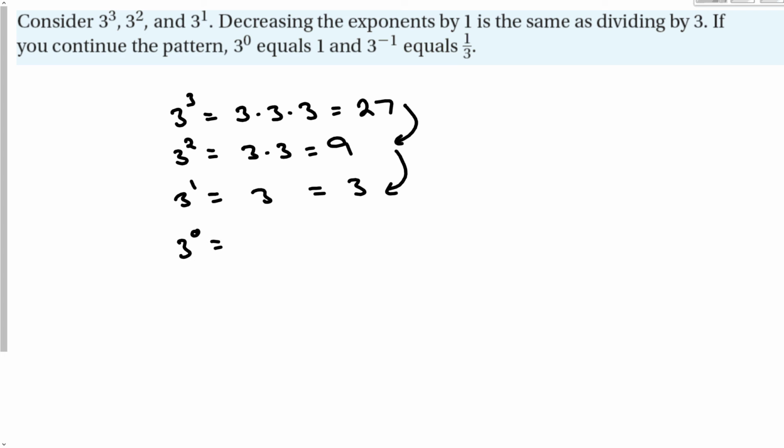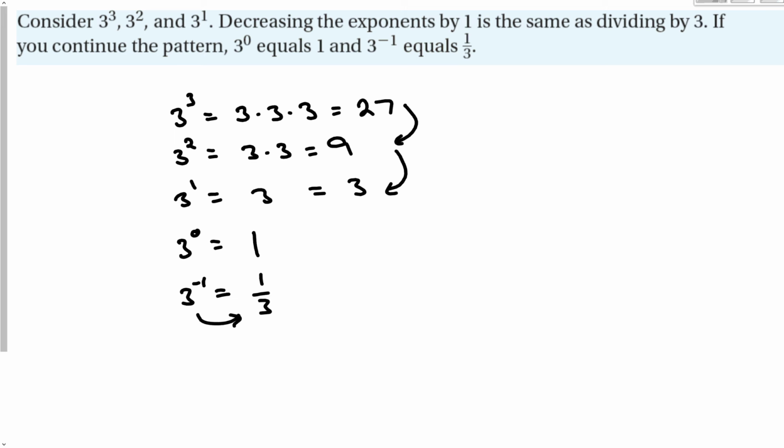When we have 3 to the 0 power, 3 divided by 3, that's going to be 1. And what's 1 less than 0? 3 to the negative 1 power is going to be 1/3. That's interesting, okay? So when we have negative exponents, they don't give us negative numbers, it has nothing to do with negative numbers. What it does is it gives us a fraction, okay?